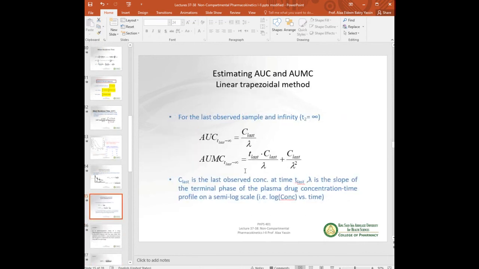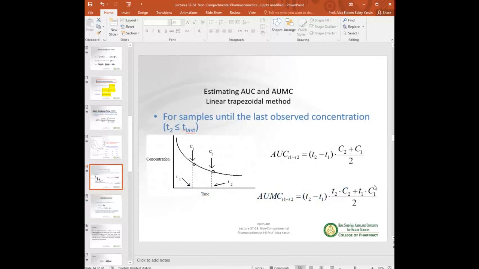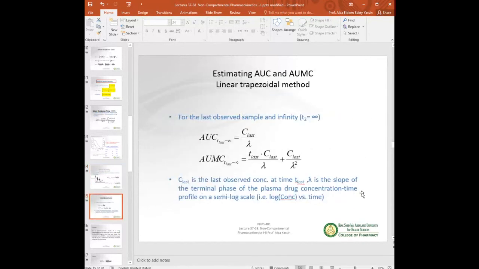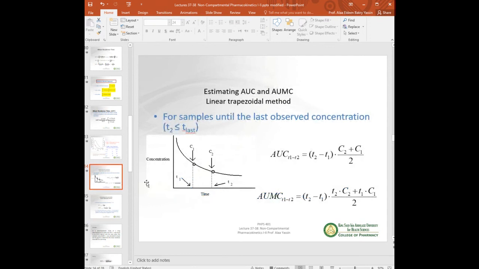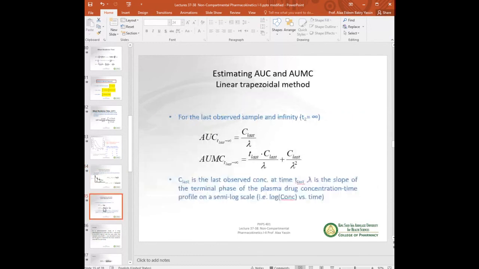So the estimation of the terminal part is as you used to do it in the determination of AUC from T last to infinity, because here you can determine the trapezoid till the last sampling point. But in this part, if we consider this is the last point, after this we need to estimate the remainder till infinity.